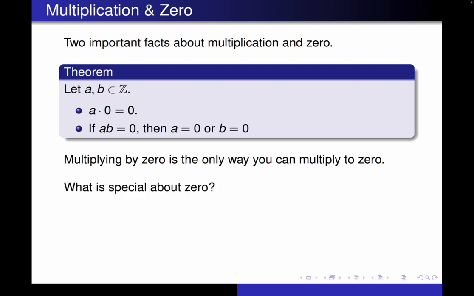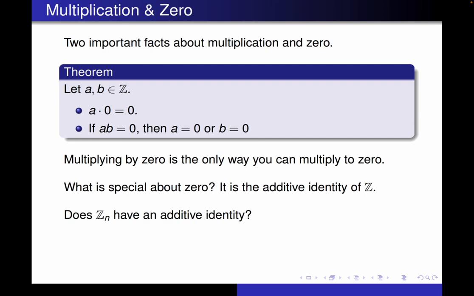So what is so special about 0 other than this nice theorem? Well, of course, it is the additive identity of the integers. And one of the things we might ask, if we're trying to study this type of result in Zn, is whether Zn has an additive identity. Remember, the elements of Zn are congruence classes, which are sets of integers. So what we're really asking is, if I take the congruence class that contains a, what can I add to it to leave it as the same congruence class that I started with?